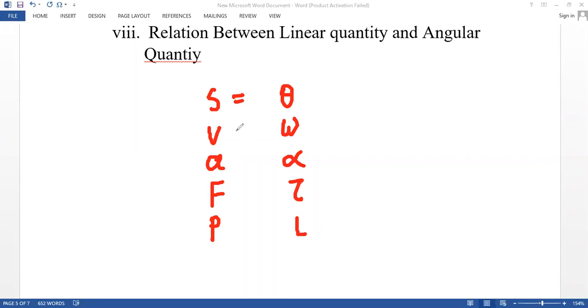This is equal to this, equal to this. If you place r here, linear displacement is equal to r theta. This r is the radius of the circle.